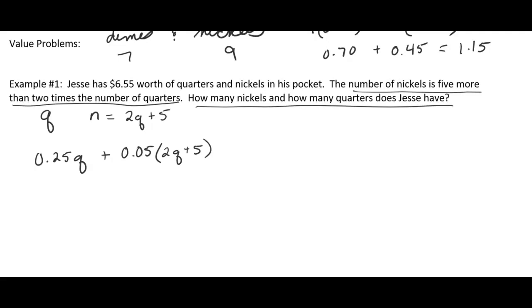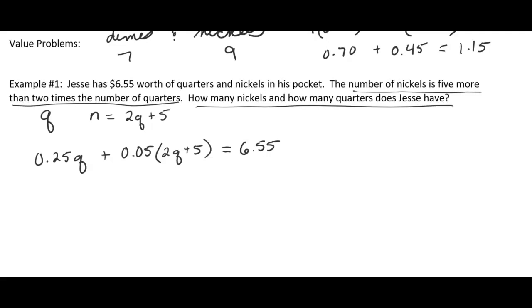Now, if you wanted to take an intermediate step and put the N, and then on the next line put in the 2Q plus 5, that would be fine. But we have to have a representation of how many nickels we have, and that's what we're going to use. All of this together is going to equal $6.55 because that's how much money he has in his pocket. There's a lot of change to be carrying in his pocket, but okay.